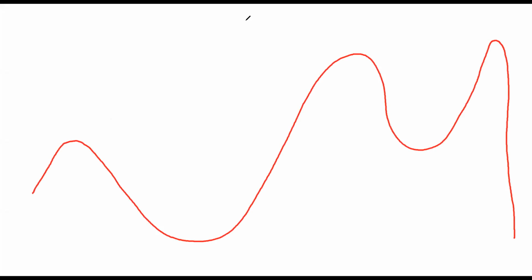Now this graph has, let me tell you, a point which is (-10, 5). Suppose here is a point (-2, 9). Here is a point, let's say (7, 1).